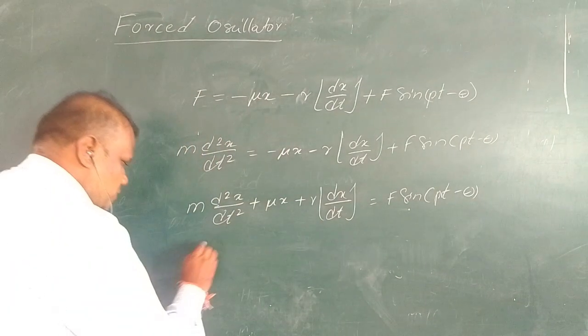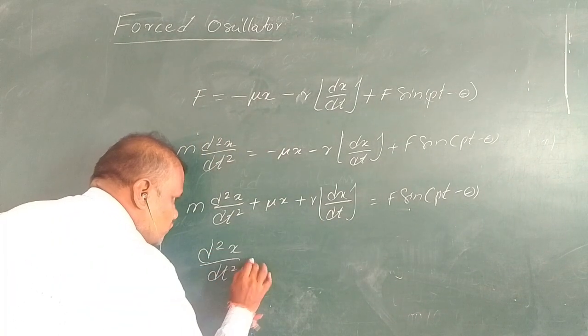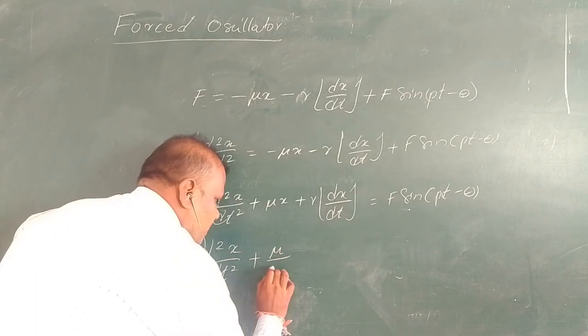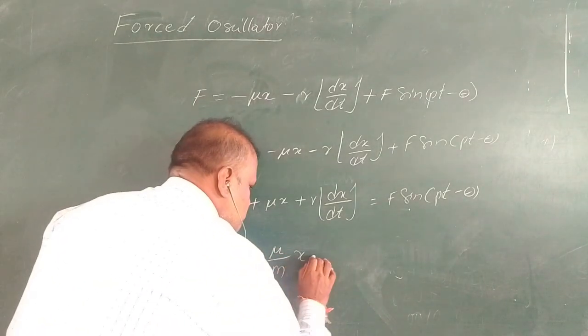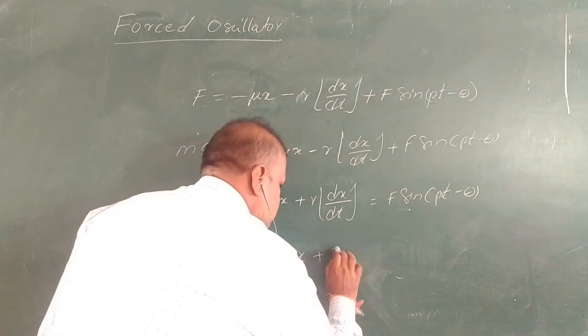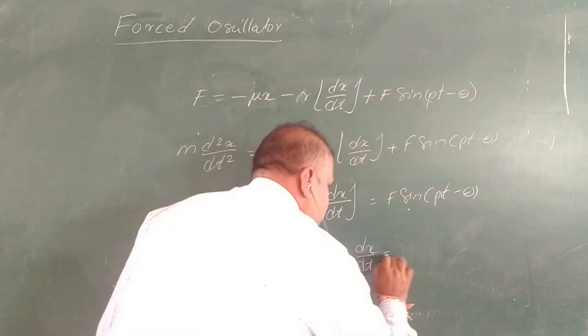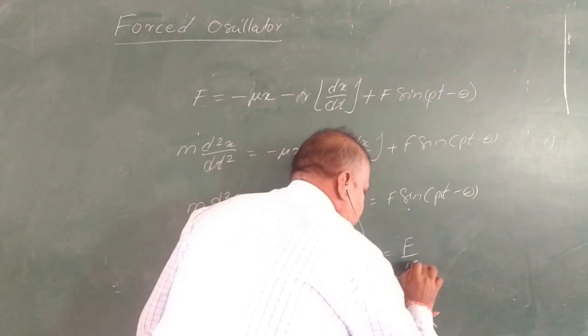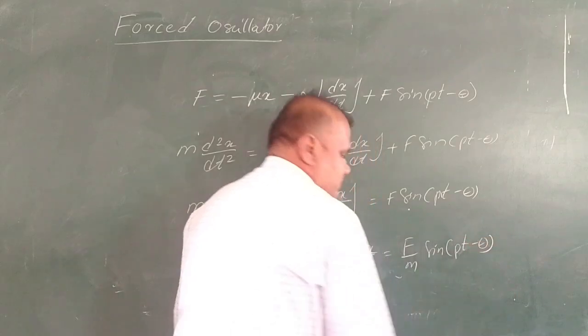The same expression: d square x by dt square plus mu by m x plus r by m dx by dt equals capital F by m sin(pt minus theta).